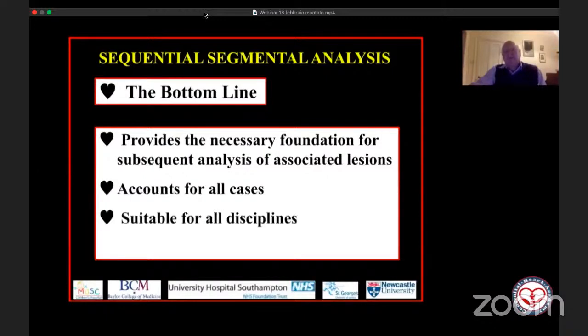It accounts for all cases and it's suitable for everyone, and that is simply because it only depends on what you see. And we will conclude this in our next session when we look again at the final part of our analysis of ventricular arterial junctions, emphasizing again the need simply to describe what you see.